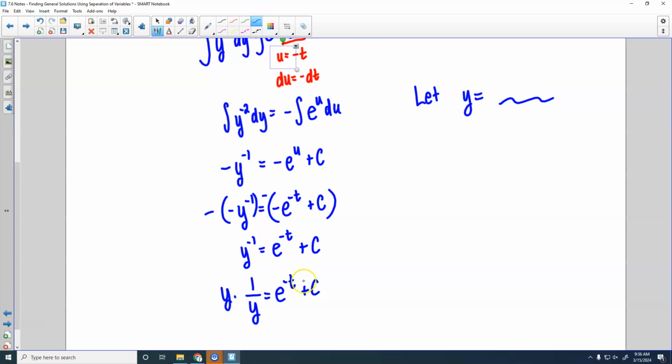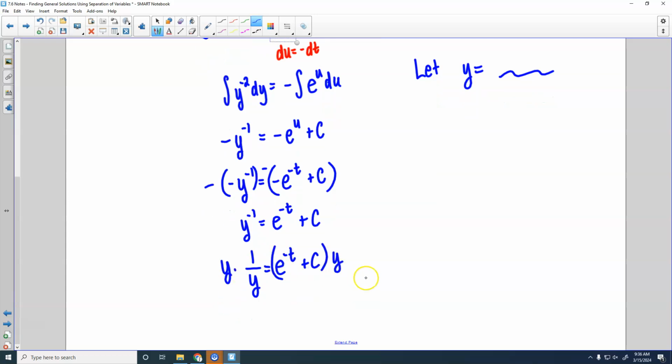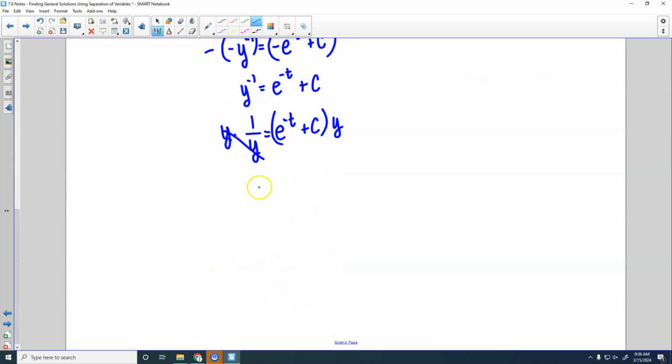So we have to multiply by y. This feels like it's making it worse, doesn't it? 1 equals y times e to the negative t plus c. Make sure you keep parentheses around that, because that whole side is multiplied by y. And now divide by e to the negative t plus c.